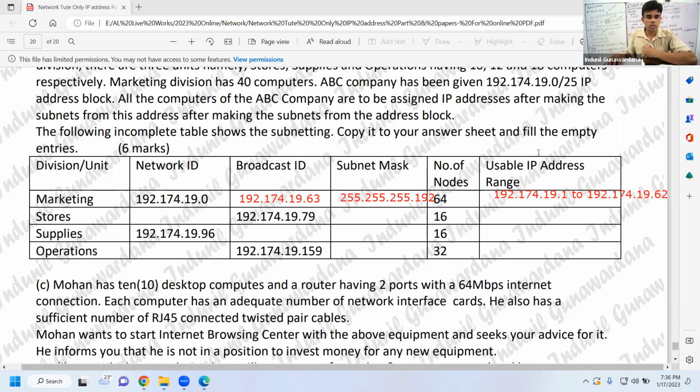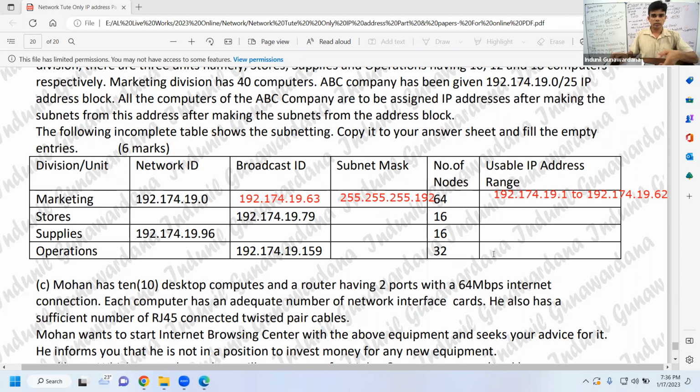Now the second one, source. Source is the one we did last. Source has this, supplies has this, and operation has the next largest, right? So operation is my next one. What was it? Yes, it goes from 65 to 94, right?